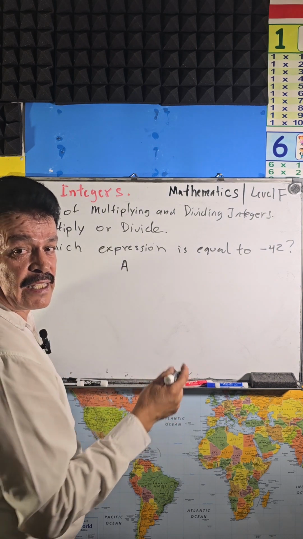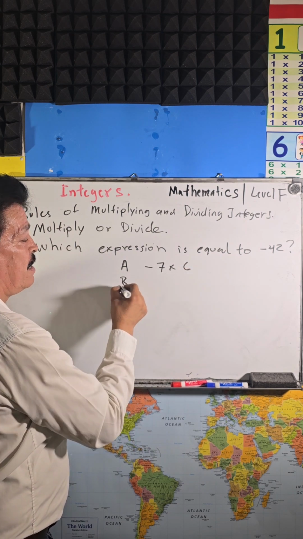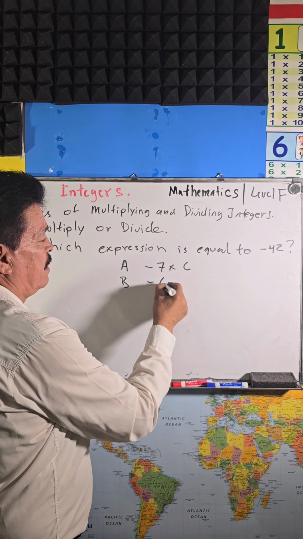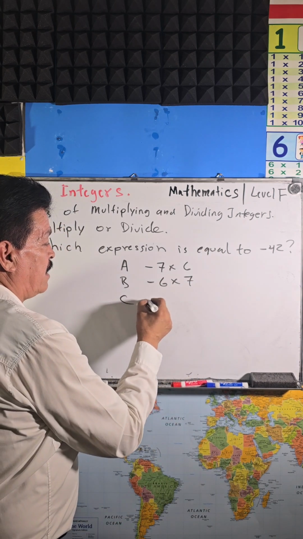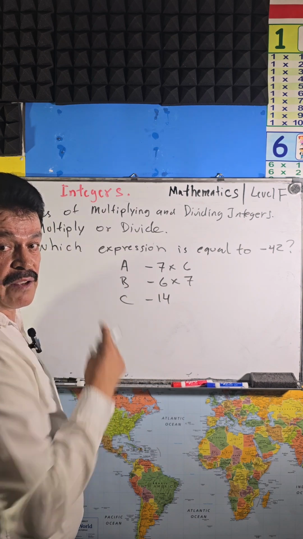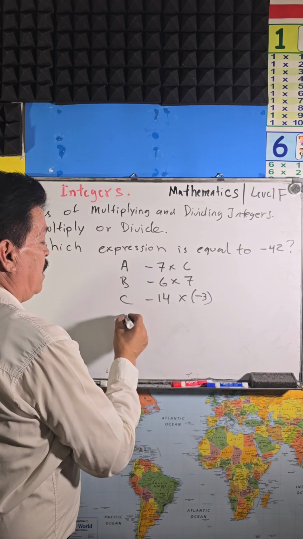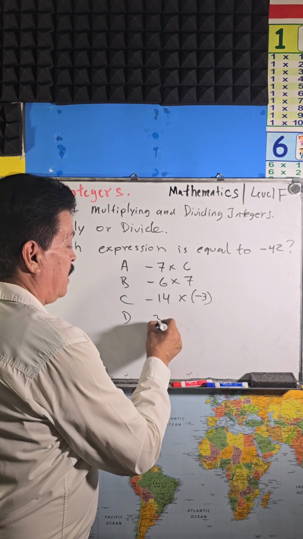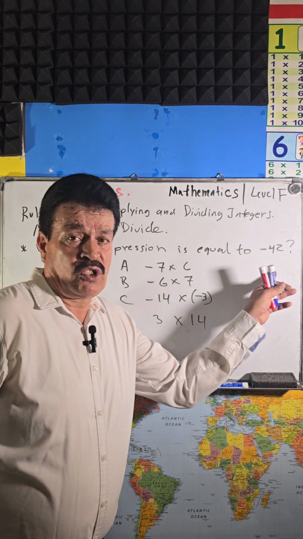The answer A is negative 7 times 6. B is negative 6 times 7. It's the other way. C is negative 14 times negative 3. And D, 4 answers, possible answer, 3 times 40. So the answer is negative 42.